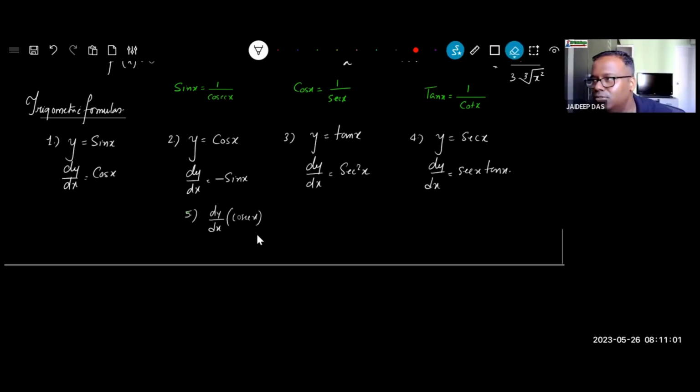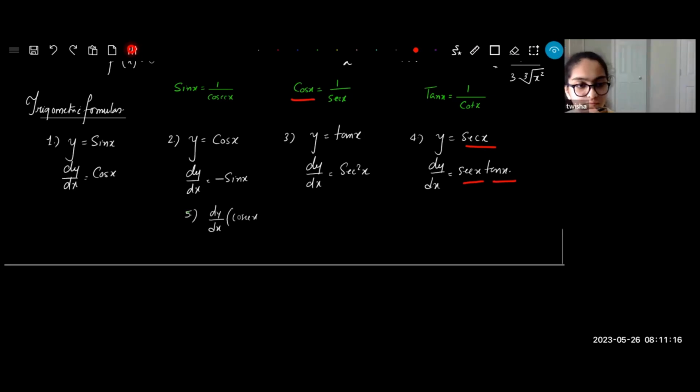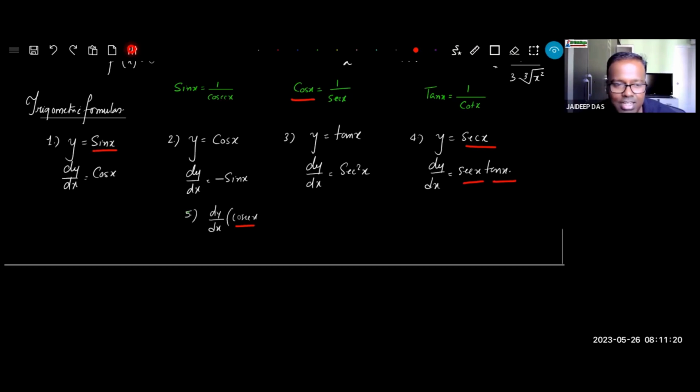Now, I'll give you some story. Just try to follow. Cos's wife sec says that when you differentiate me, you get sec x tan x. Sine's wife cosec always has a hidden competition with cos's wife.